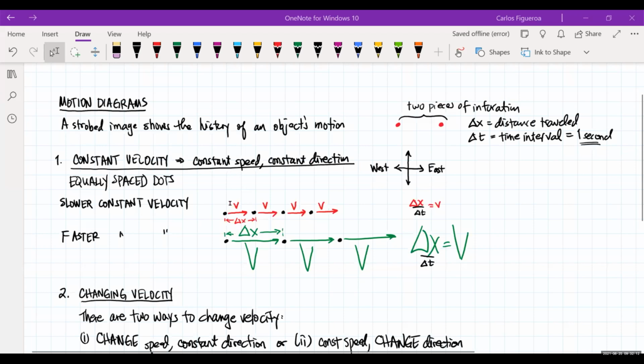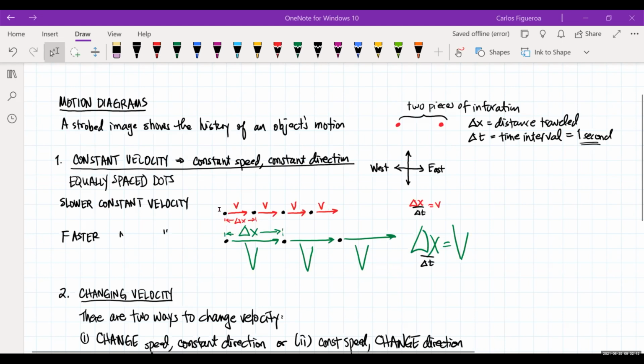And if the dots are equally spaced, and we looked at the picture of, let's say, that boy running, we saw that the boy was running to the right, so therefore, that's in the east direction. So then if I have a slower speed, then the arrows are shorter. That's what that means. If I have a higher speed, then the arrows are longer, but they're still pointing in the same direction.